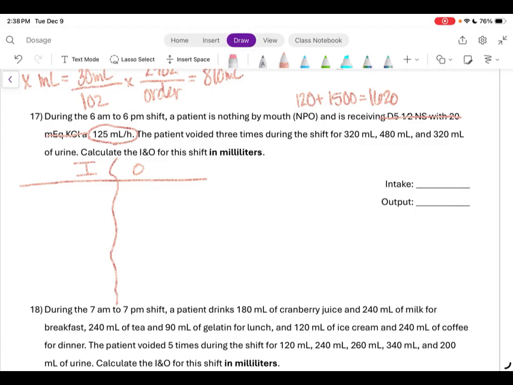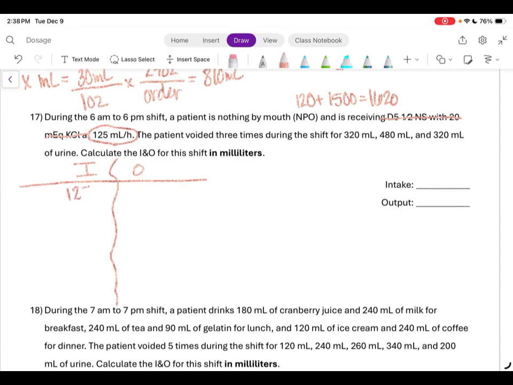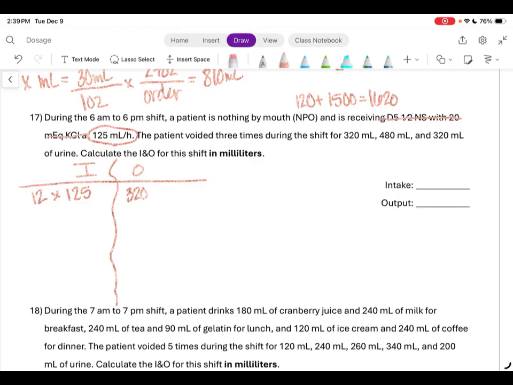So you have 125, and again, we're gonna assume that they're running for the whole shift, so it's 125 times 12 for their intake. And then they void 3 times, so let's see, 320, 480, and 320 again. So 12 times 125 is 1,500. And then once you add these up for your output, you're gonna get 1,120.